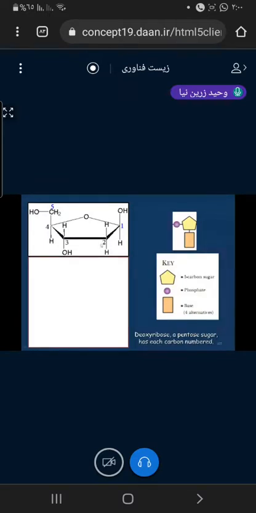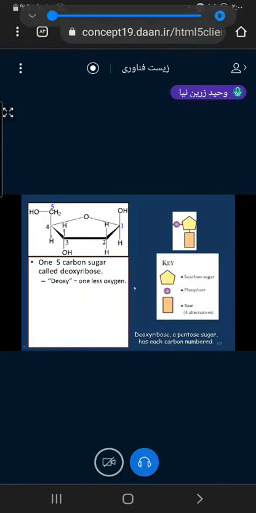You can see a five-carbon sugar without the 2' oxygen. Its name is deoxyribose.